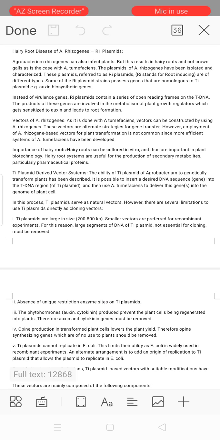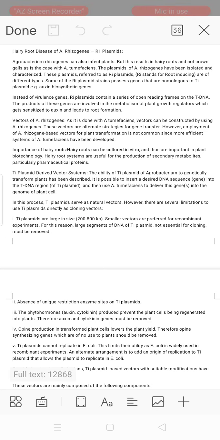Ri plasmids are of different types. Some of the Ri plasmid strains possess genes that are homologous to Ti plasmids, for example, auxin biosynthetic genes. Instead of virulence genes, Ri plasmids contain a series of open reading frames on the T-DNA.